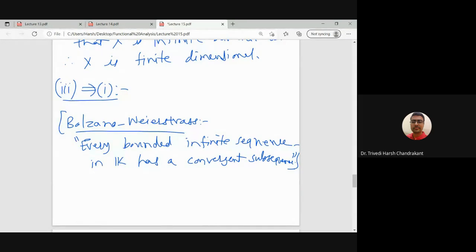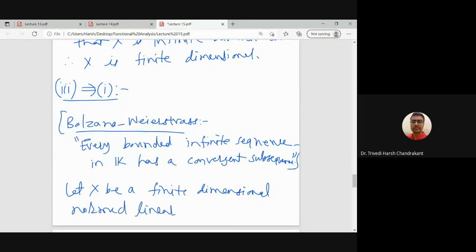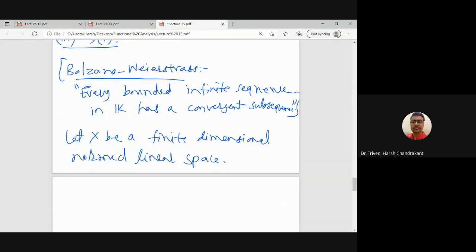So let us start by assuming that X is finite dimensional. So let X be a finite dimensional normed linear space. Whenever we assume it is finite dimensional, it has basis elements.